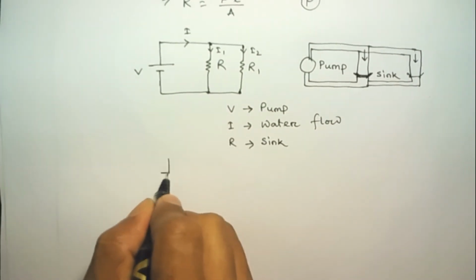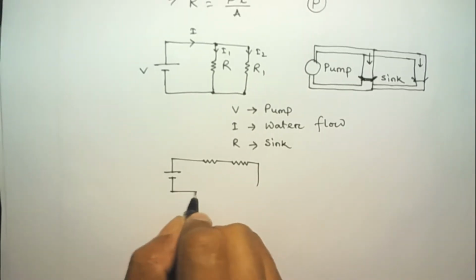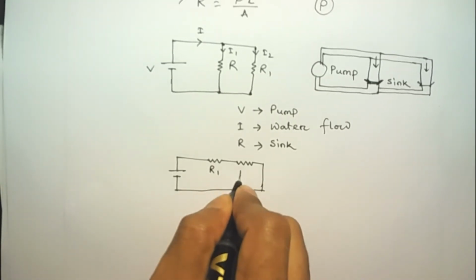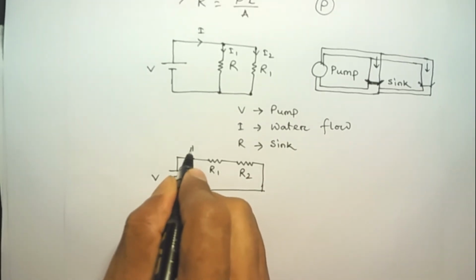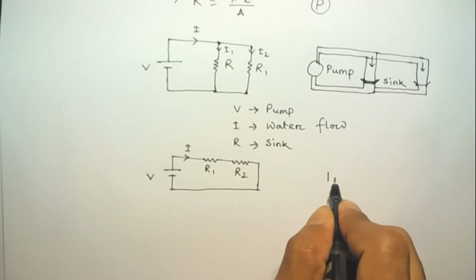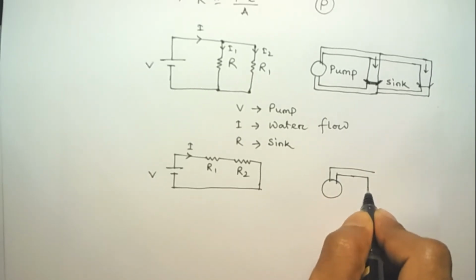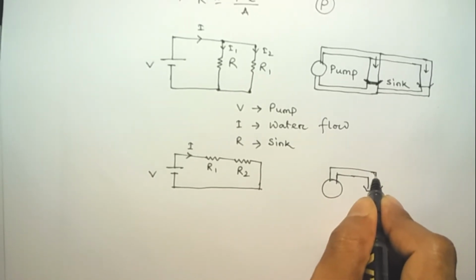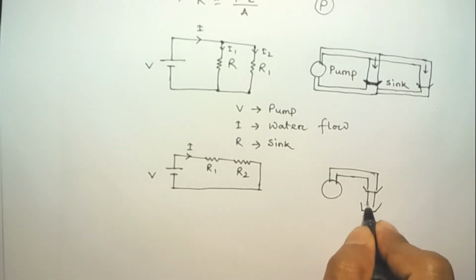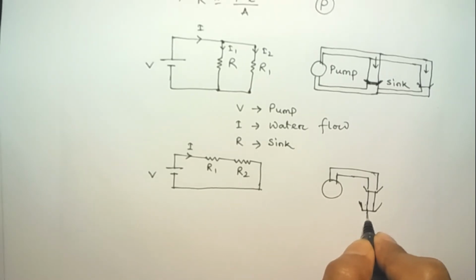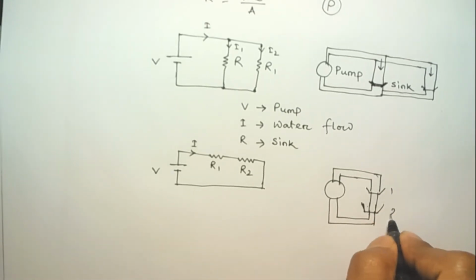And if we take a series circuit with two resistors, this is R1 and this is R2 and this is V, then current is fixed. This is a pump. Let us consider this is sink 1 and this is sink 2.